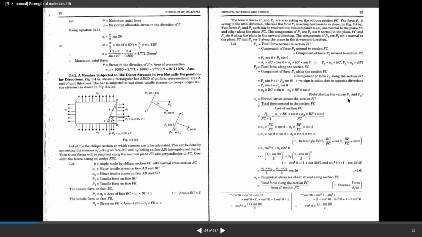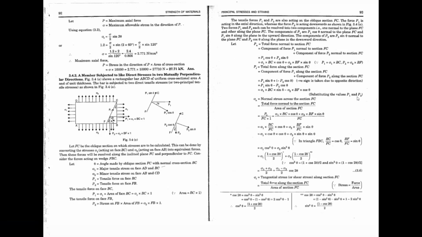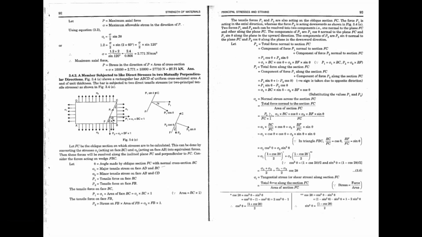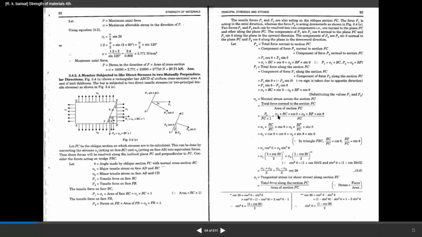Substituting the values of P1 and P2, sigma n, the normal stress across the section FC, equals the total force normal to the section FC divided by the area of the section FC. For this condition, Pn divided by FC into 1 equals sigma 1 BC cos theta plus sigma 2 into BF into sin theta divided by FC into 1.